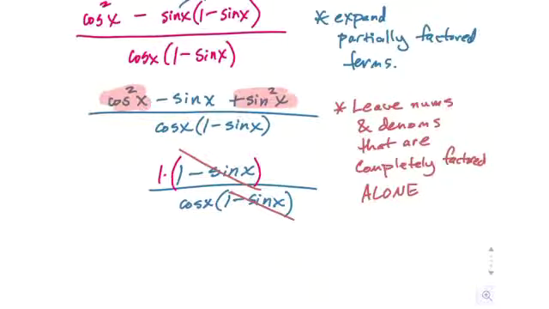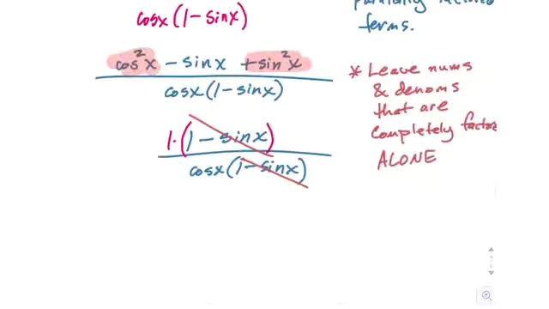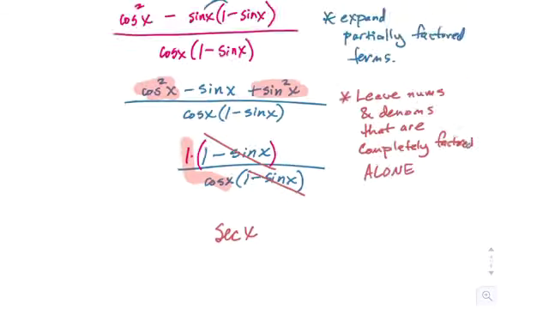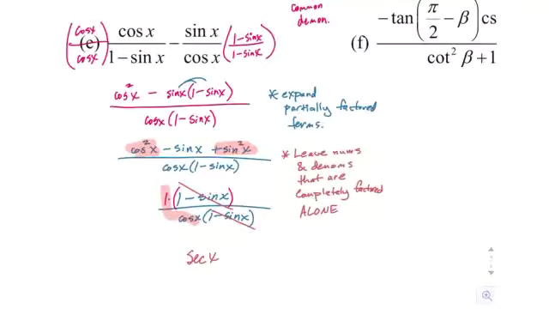Because notice we were able to divide out the 1 minus sine of x's. And what are we left with? We're left with 1 over cosine. What's another name for 1 over cosine? Secant of x. And boom, there you have it. That is what we were looking for. So that original expression is exactly the same as secant. They're one and the same.